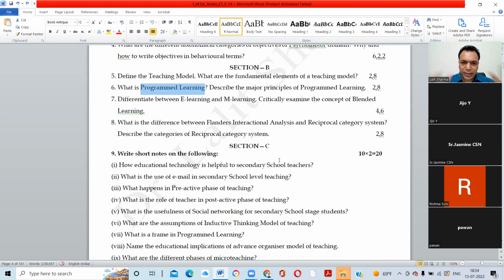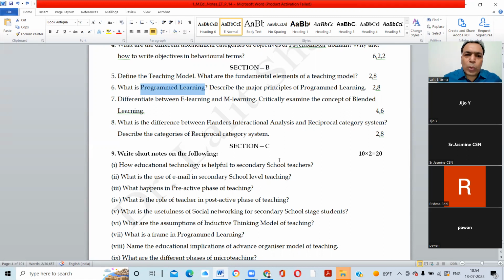So when this question comes up, write at least 1 to 1.5 pages for programmed learning. Always see the marks also. That's why I have told you at least 2 to 3 times to read the question. It is mentioned that 2 marks are given to programmed learning, 8 marks are given to the principles of programmed learning. So you have to define programmed learning first.